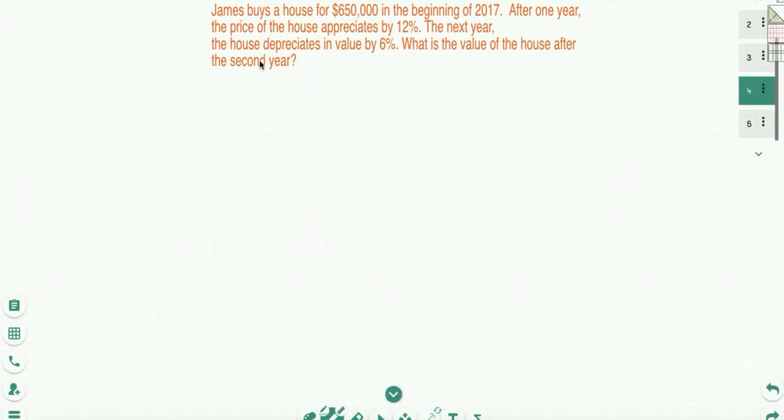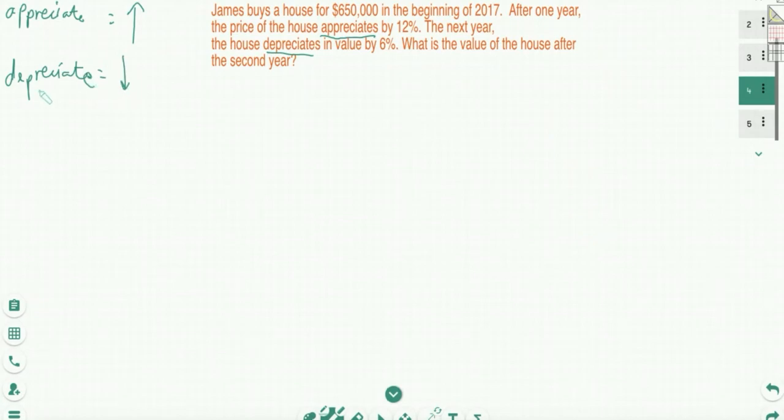So there might be a couple new words you see here, and it might be appreciate and depreciate. The word appreciate means to increase in value, okay? When something appreciates by 10%, we're going to increase it by 10%. And conversely, depreciate means to decrease in value.